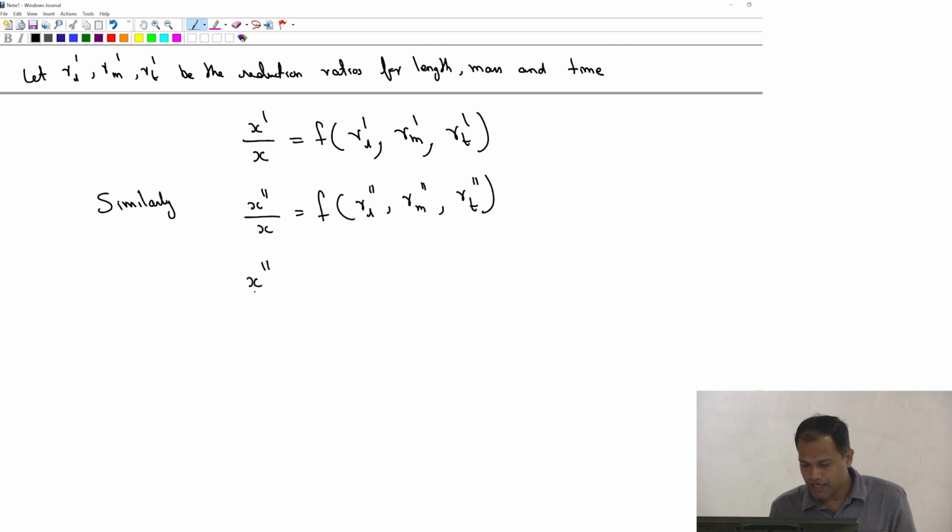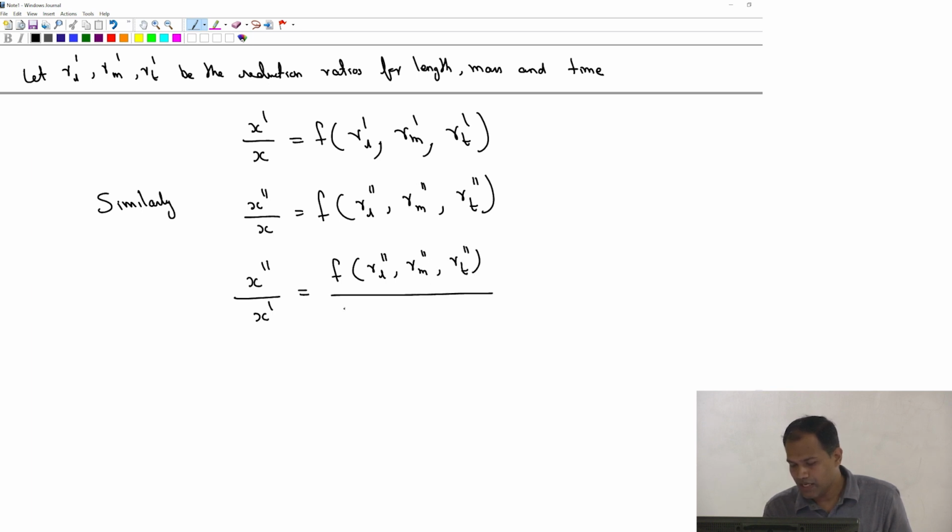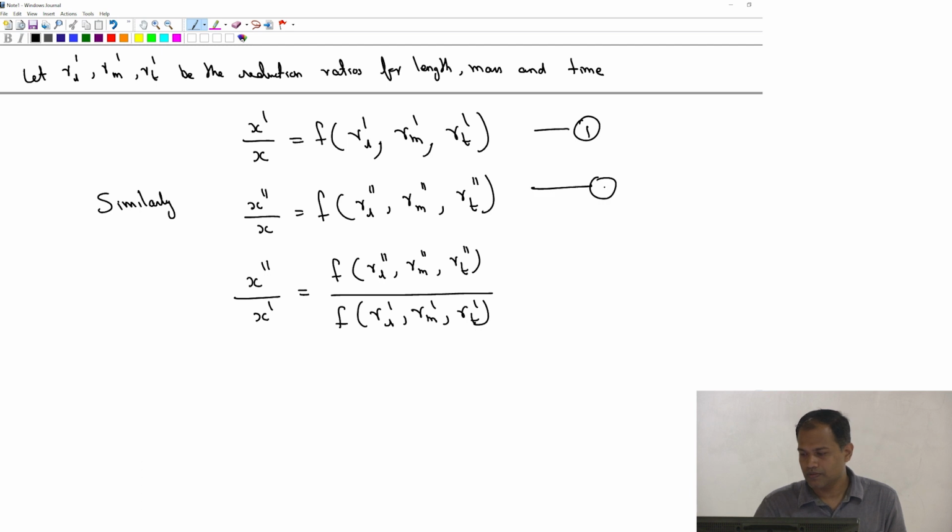Then I can write x double prime by x prime is equal to f of RL double prime comma RM double prime comma RT double prime by f of RL prime comma RM prime comma RT prime. I just divide the two equations. This is 1 by 2. All right.